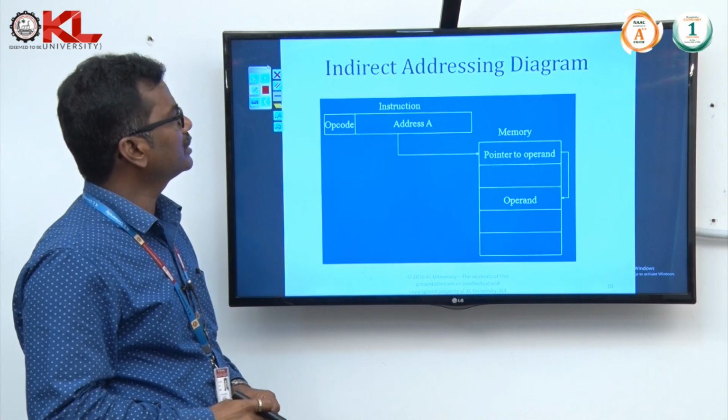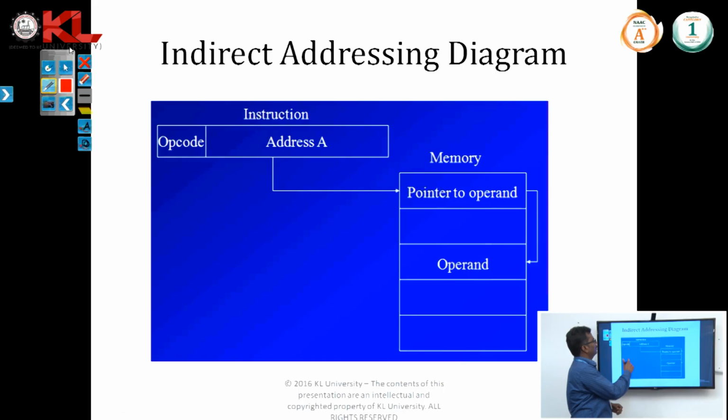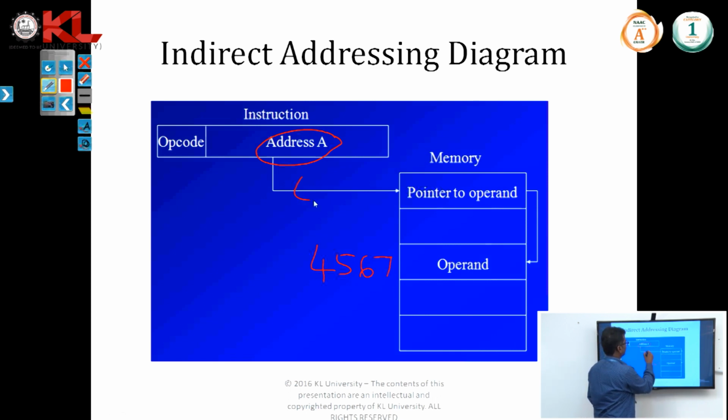Next one is indirect addressing mode. In this indirect addressing mode, if you look at the diagram, the address field consists of the address of the first reference and then the second reference. Let us say this is our address of the actual operand, that is 4567. Now this is another location, let us say 4500.